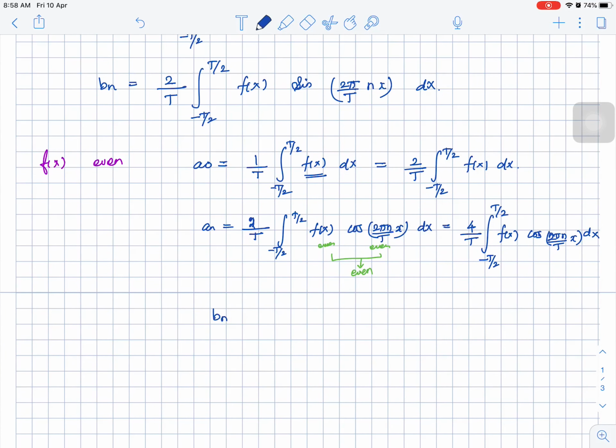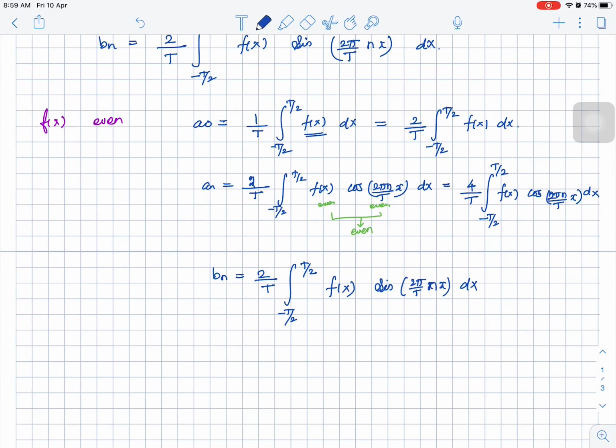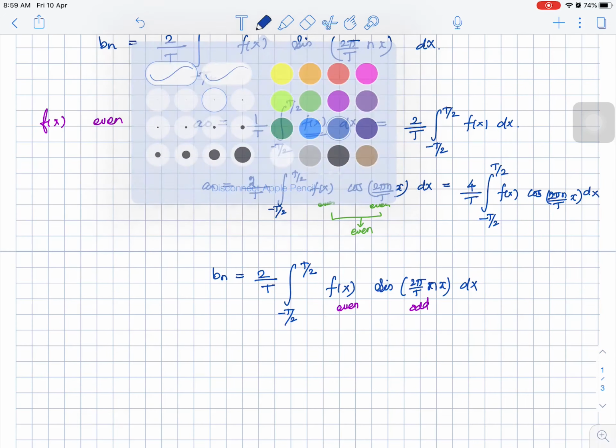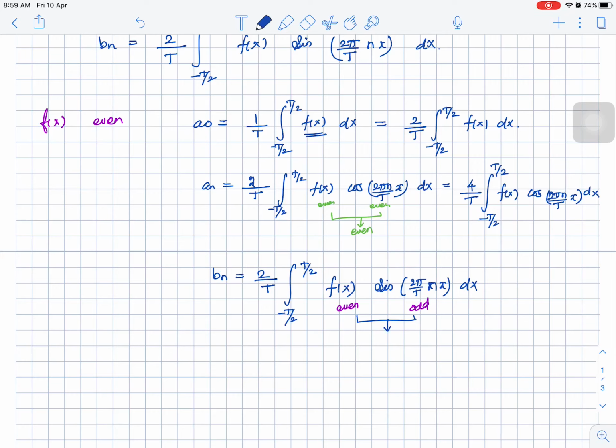So what about bn? So bn will be 2 divided by T, same, integral from minus T by 2 to T by 2. F of x is an even function, sine is an odd function. So this is odd, this is even, so this will combine and produce an odd function, therefore this will be 0.